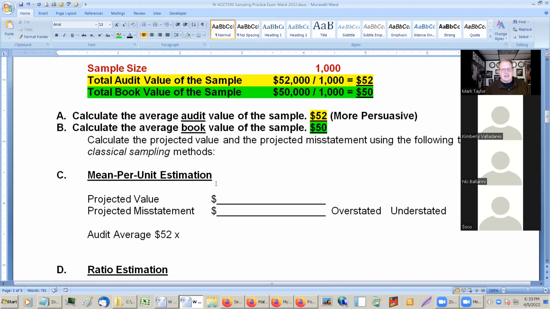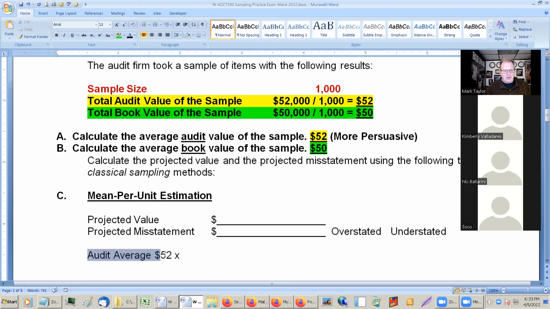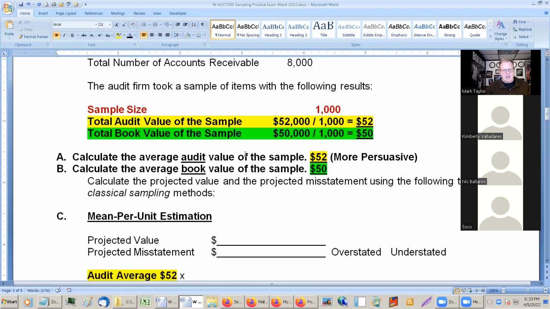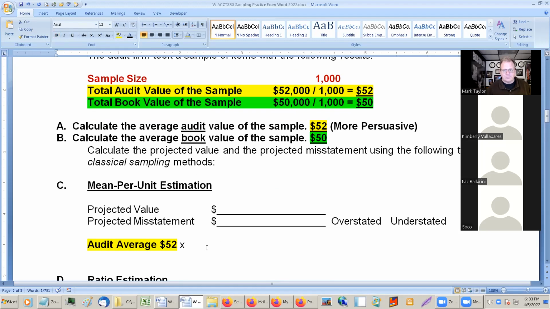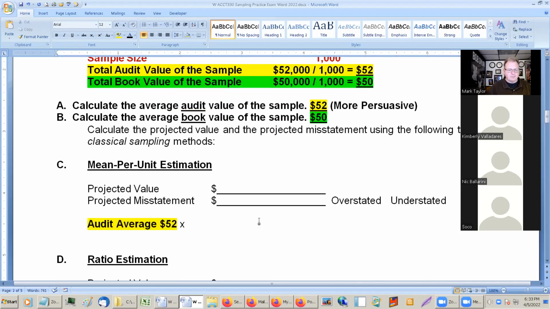So what we're going to say is this. We did our test and we came up with 52 as the average, and we're going to say, look at all of the accounts receivable, 8,000. All 8,000 should be $52. The number of accounts receivable.